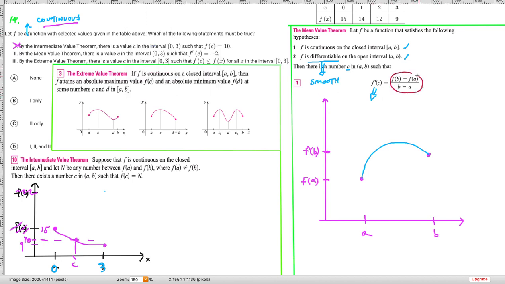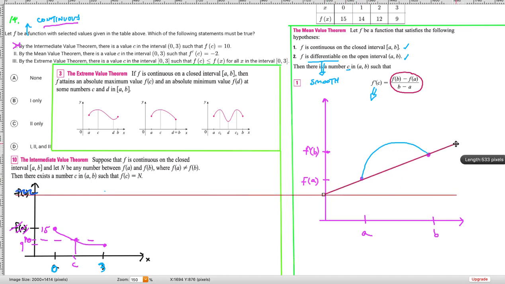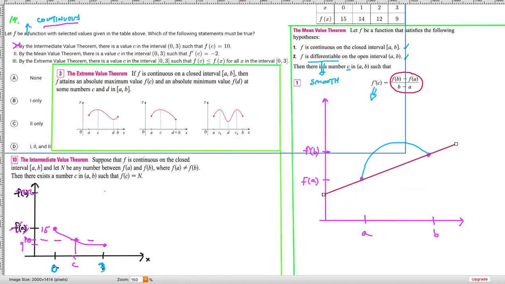This is the slope of the secant line joining a comma f of a, that line right there. So let's look at this geometrically in the picture that I drew. You should see that the line that I just drew is the secant line joining b comma f of b and a comma f of a.